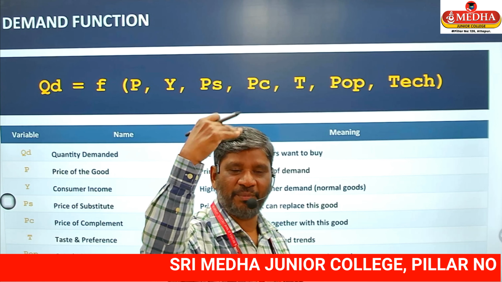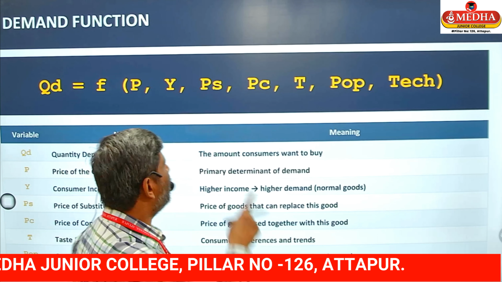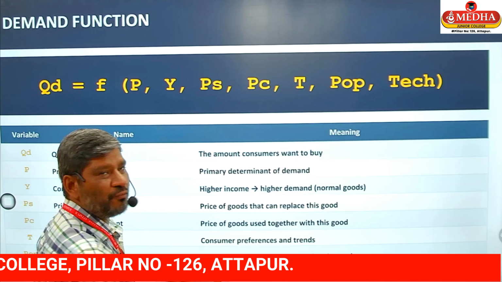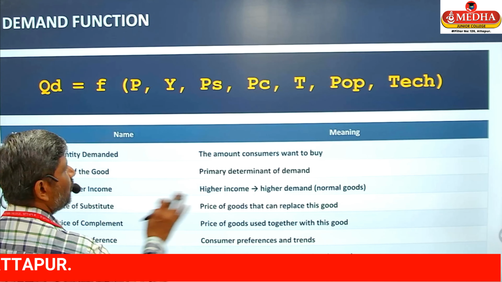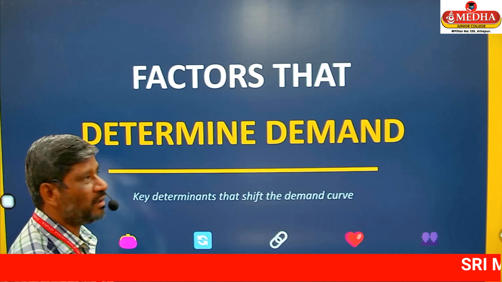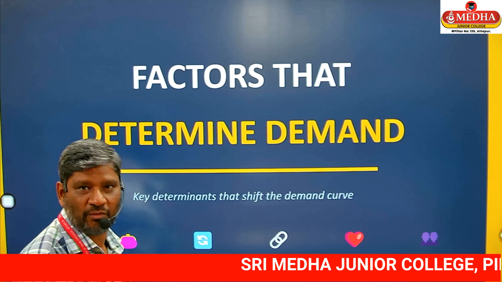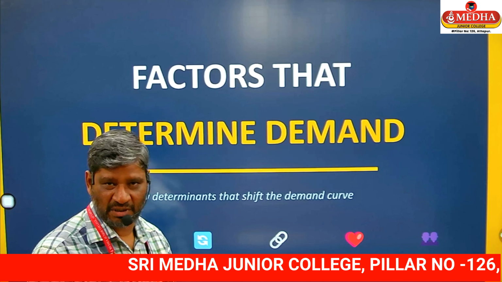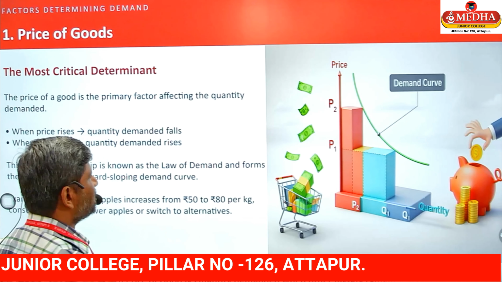Sometimes quantity demand is more, sometimes quantity demand is less, due to these factors which we mention in the demand function. Now we are going to see what are the factors that determine the demand. Whatever factors we have studied, one by one we are going to read. Let us start.